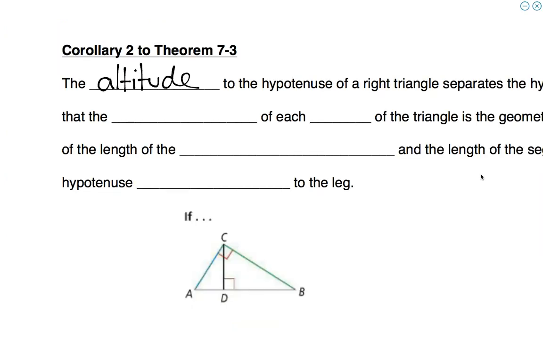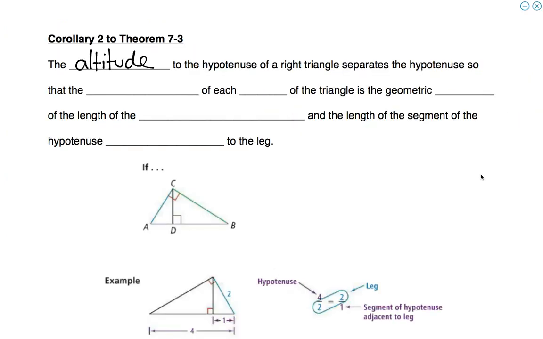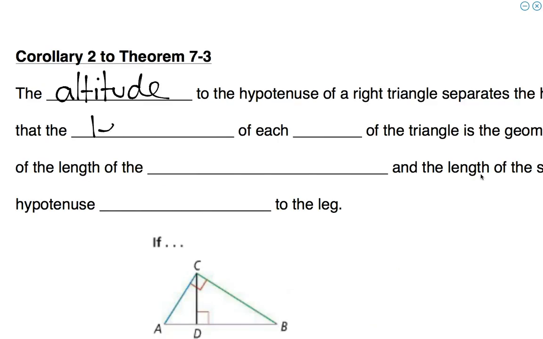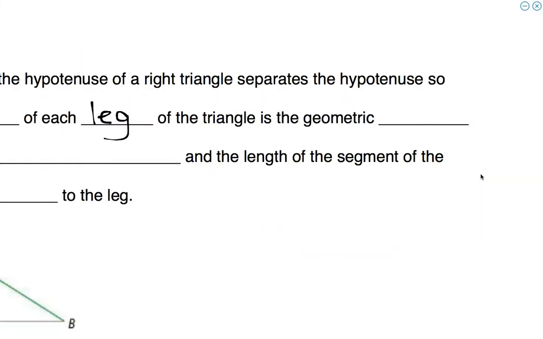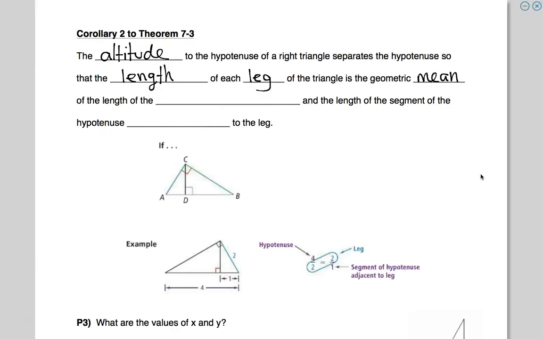The altitude to the hypotenuse of a right triangle separates the hypotenuse so that the length of each leg is the geometric mean of the length of the hypotenuse and the length of the segment of the hypotenuse adjacent to the leg.